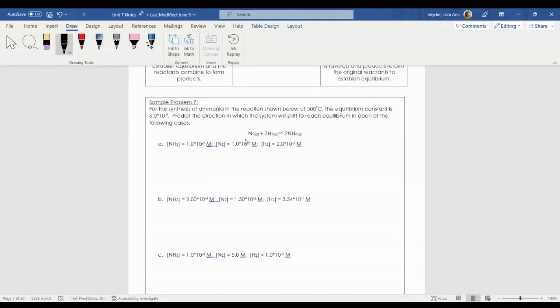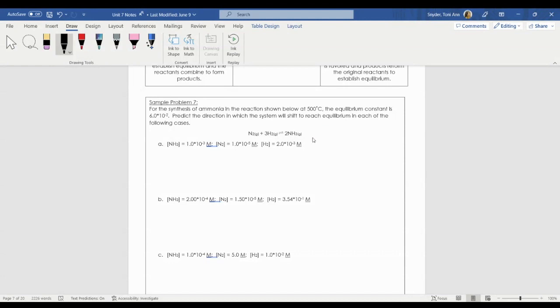So we're given a bunch of reaction conditions, a bunch of concentrations, and we want to know, is this reaction at equilibrium? If it's not at equilibrium, is this particular reaction going to favor the production of products, or is it going to favor the production of reactants?